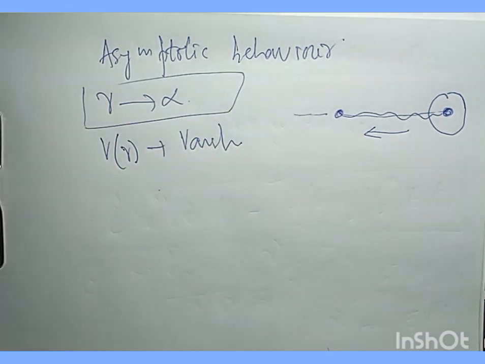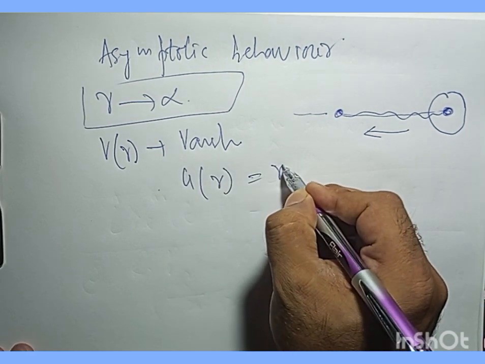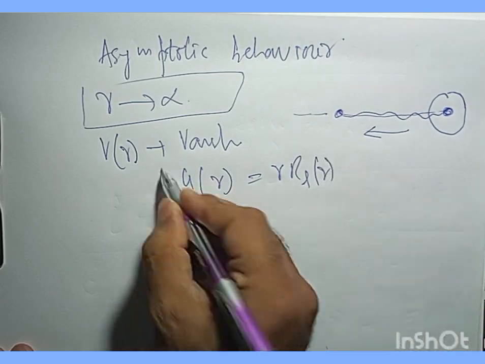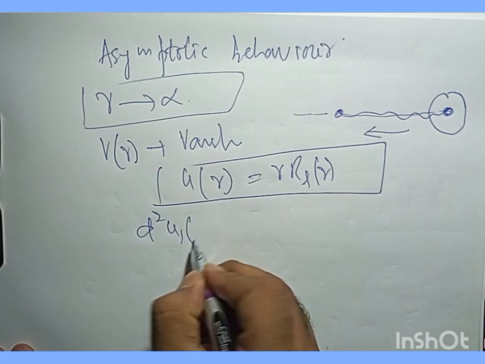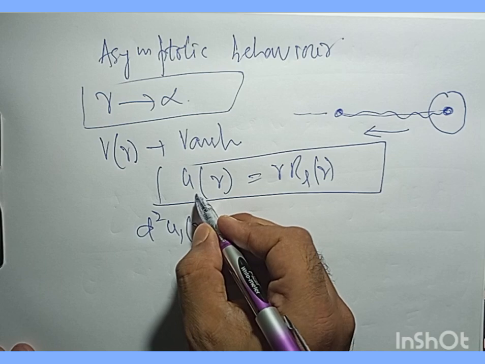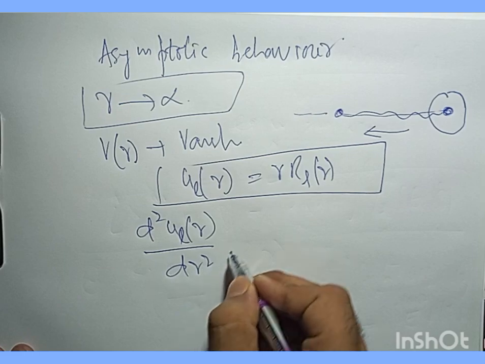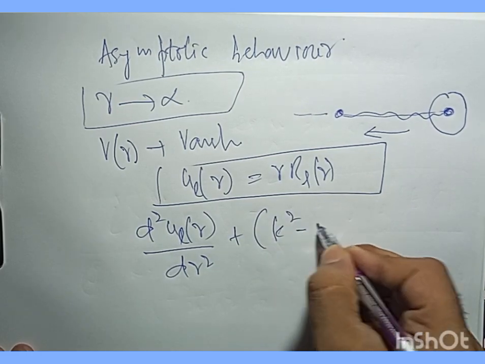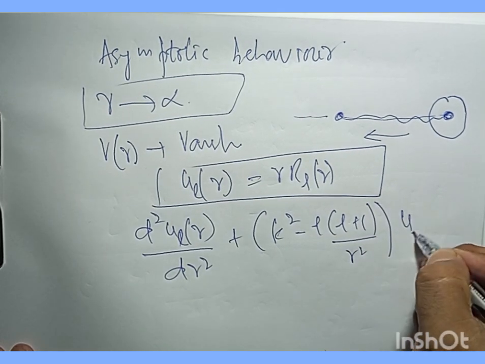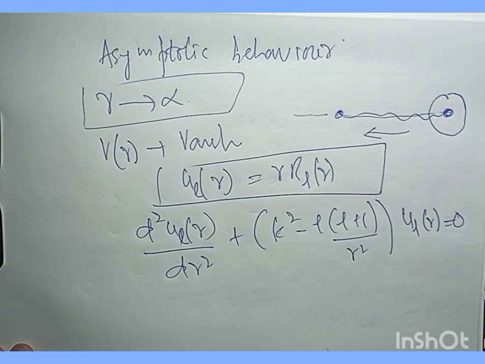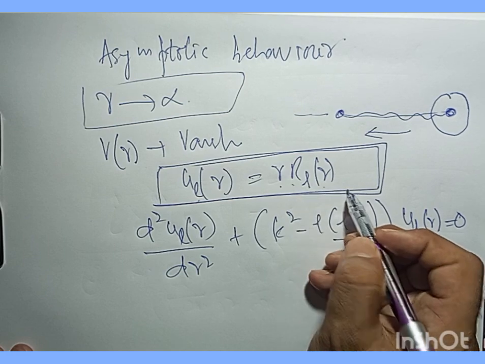Using a solution like U of r equal to r times R_L of r, we obtain the equation d2 U_L of r divided by dr2, plus k square minus L into L plus 1 divided by r square, times U_L of r equal to 0, where this U_L of r is taken as the function r times R_L of r.